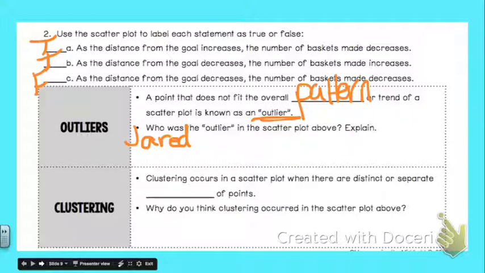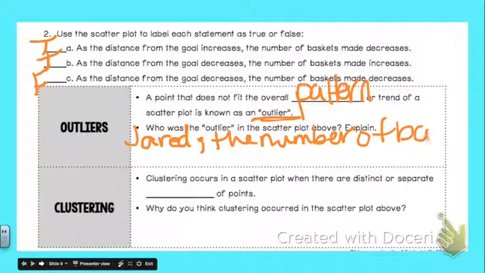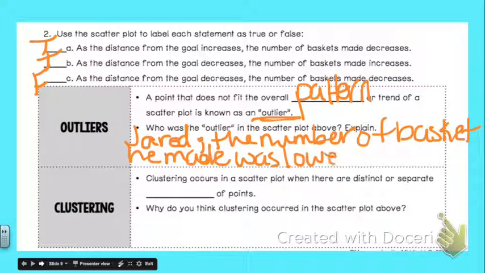So Jared, and the reason was the number of baskets was lower than the rest of his teammates who stood similar distances from the goals.